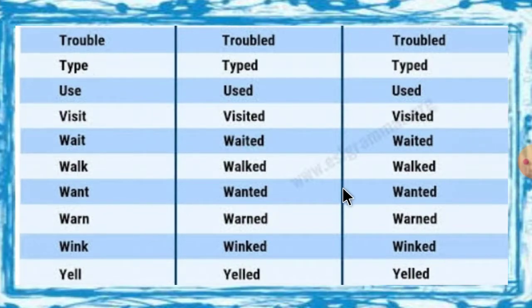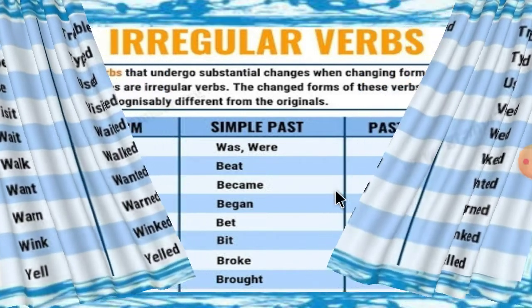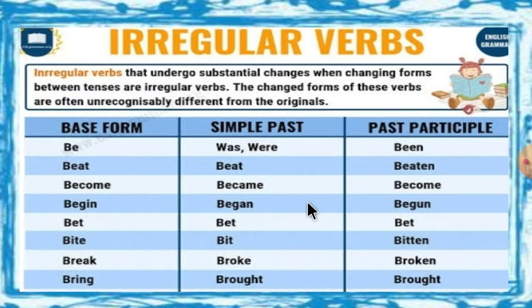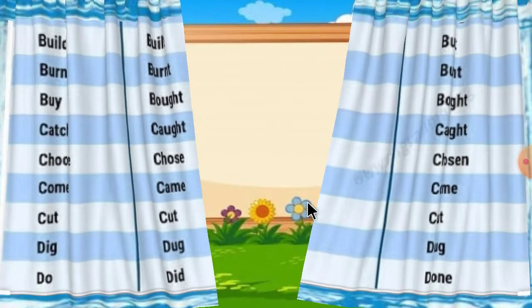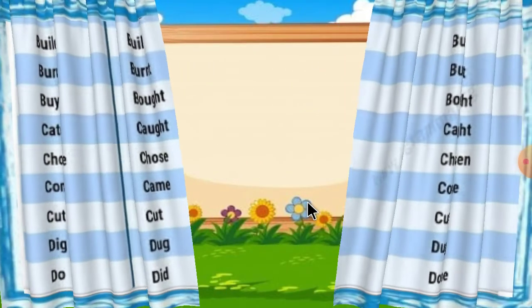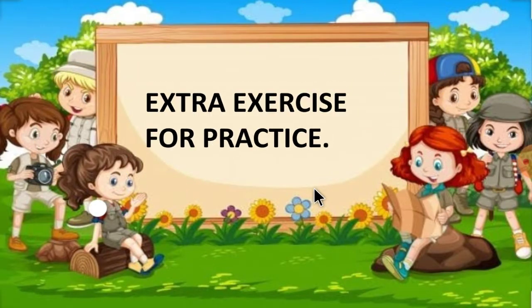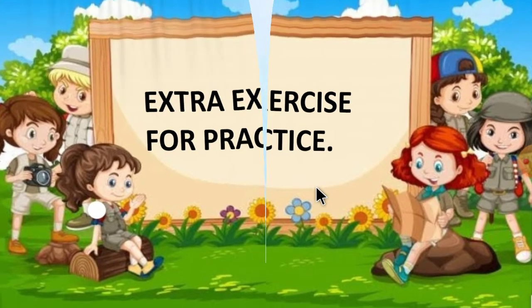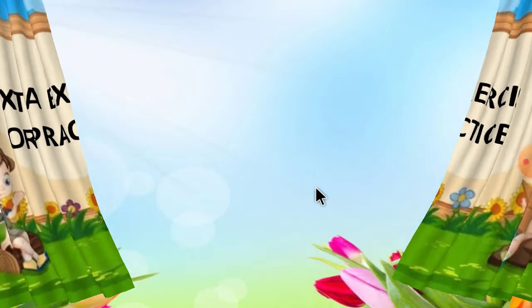After that, irregular verbs. All the irregular verbs we have learned. Then an extra exercise for practice. In that also we learned a total of 10 fill in the blanks. So let's see which blanks those are.